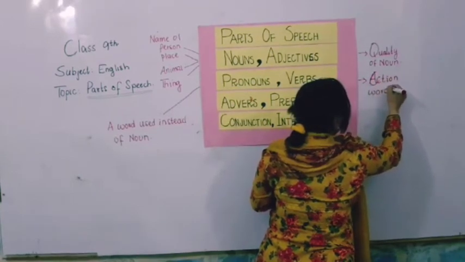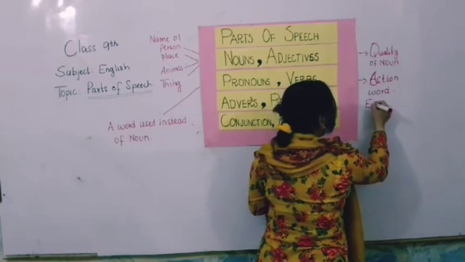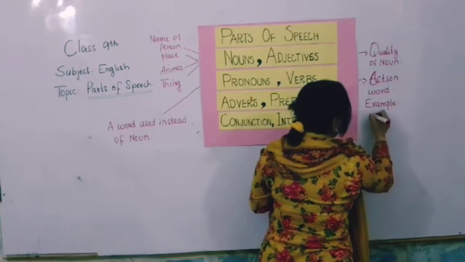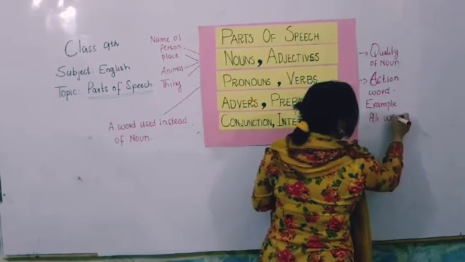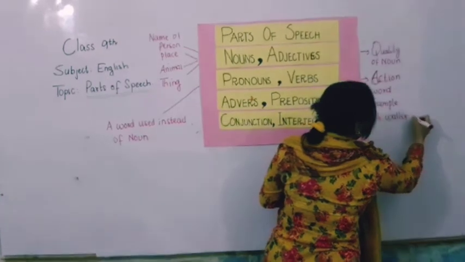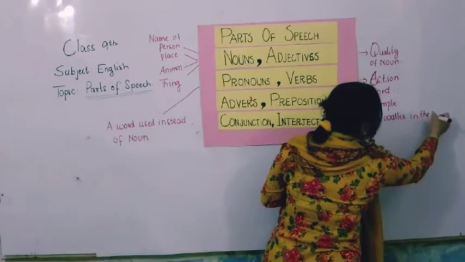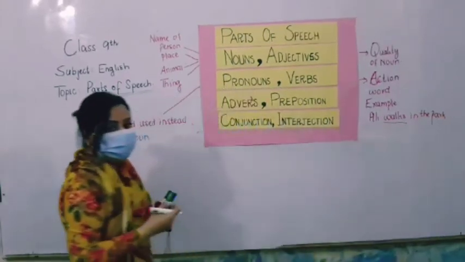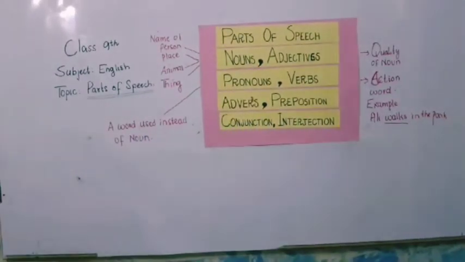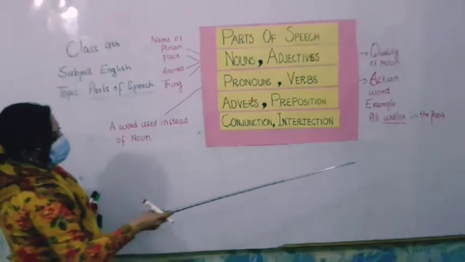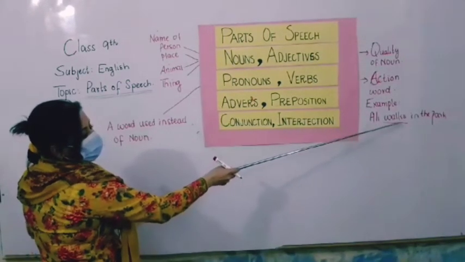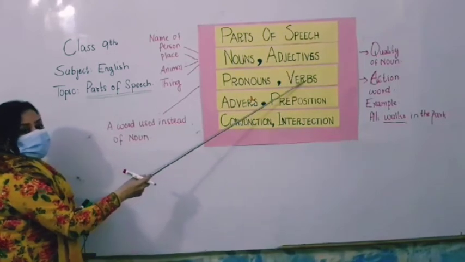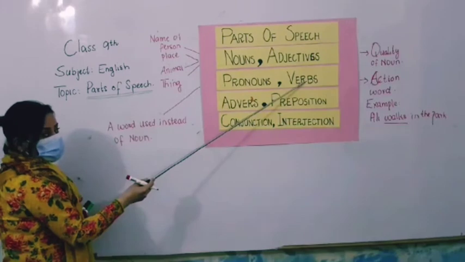Now an example: Ali walks in the park. Now this word shows what type of action Ali is doing, and what sort of action we are expecting from Ali at this point of the day, that he walks, and this action in grammar is called a verb.